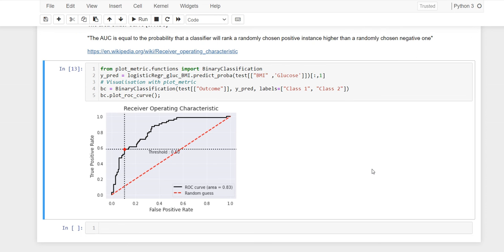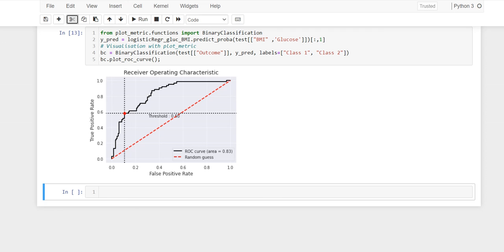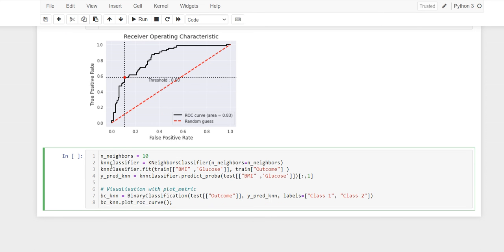Now, just for fun, if I wanted to compare my logistic regression classification model with my k-nearest neighbors classification model that we did a few lectures back with a k value of 10, all that I need to do is copy and paste some code, build a k-NN classifier with a k value of 10, train my classifier on the two predictor variables, BMI and glucose, and finally plot with Plotmetric.